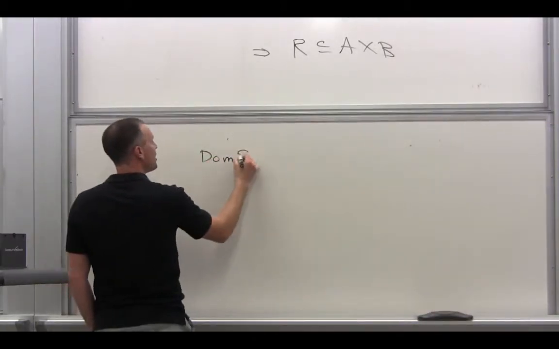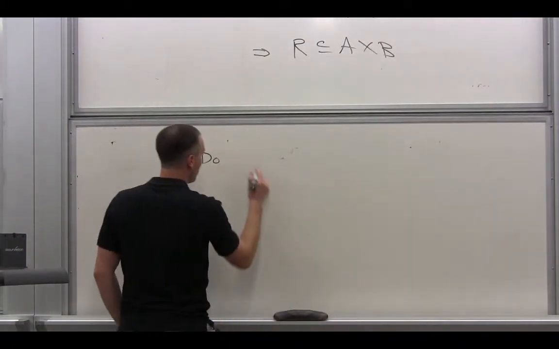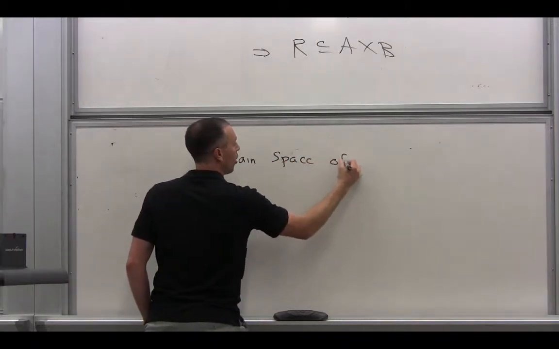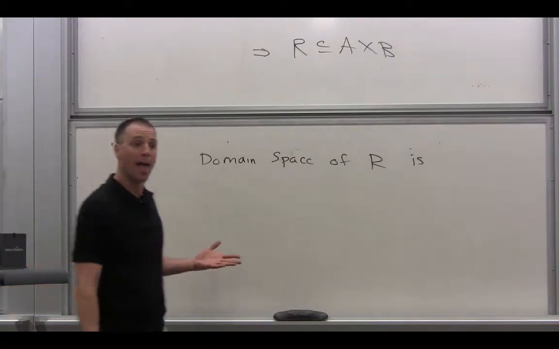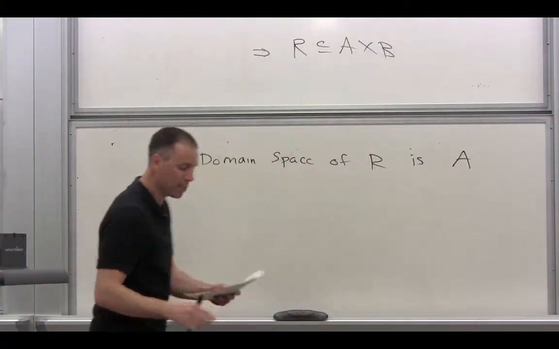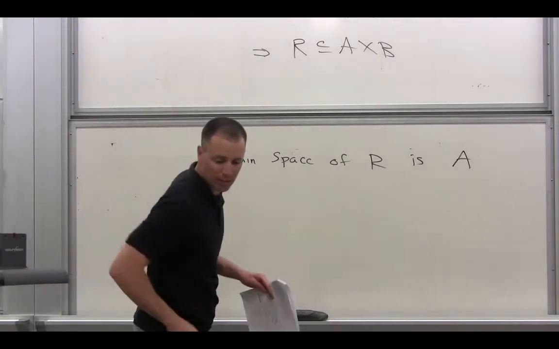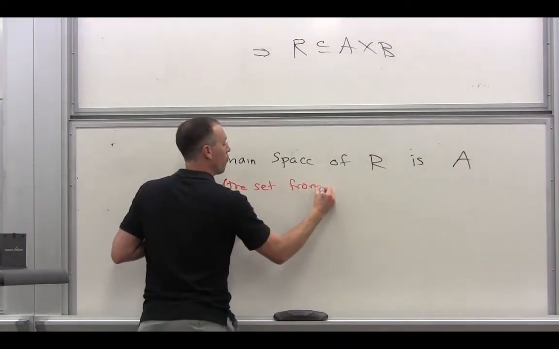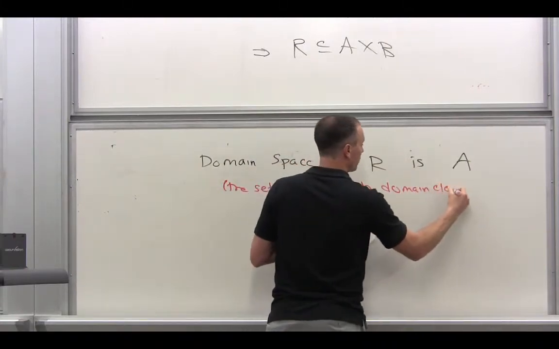The domain space of R is A. It's the set from which the domain elements are chosen.